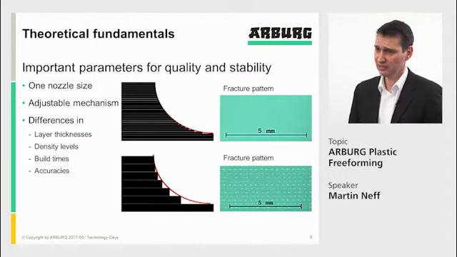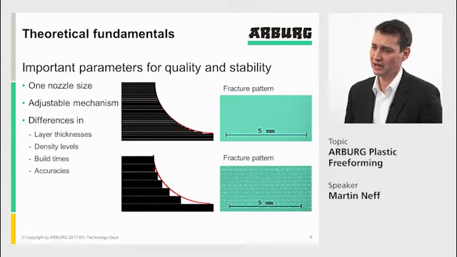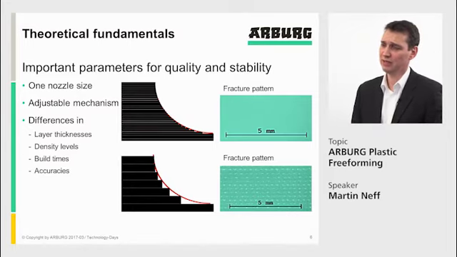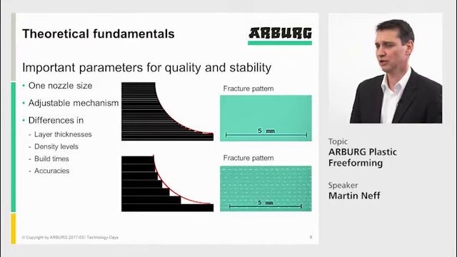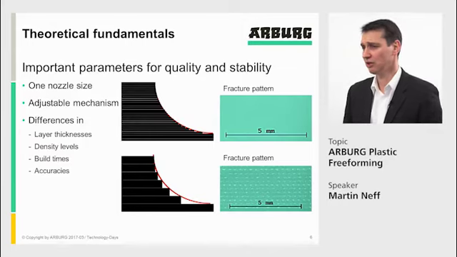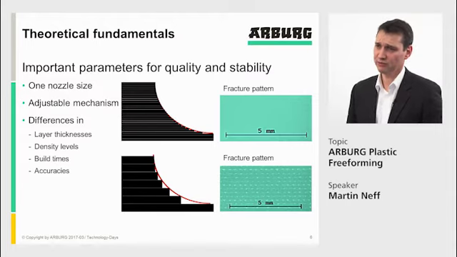That has obviously an effect onto the build time and also onto the accuracy, which you see in these black colored sketches. If you go to a finer layer thickness, you don't get those larger steps between the layers. And that has a direct influence also on the mechanism, stability, and quality of the part.